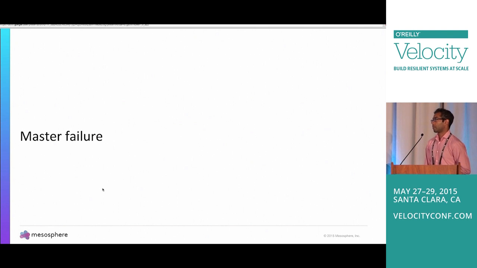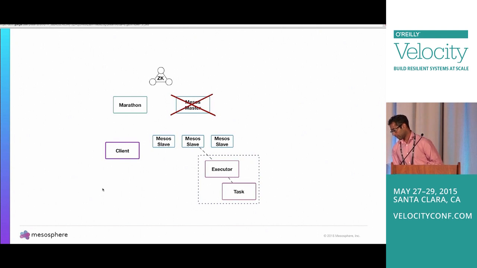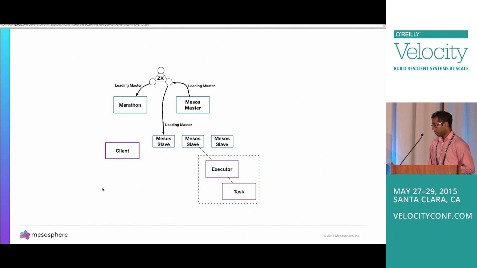So this is one of the most terrifying failure cases, which is the master node goes down. No good. So in this case, another master node comes up and is elected leader.